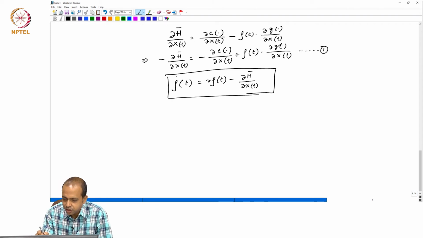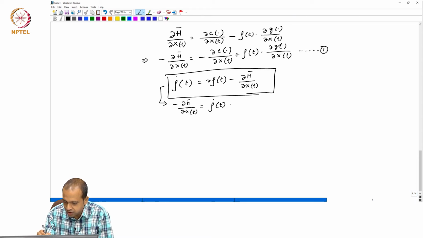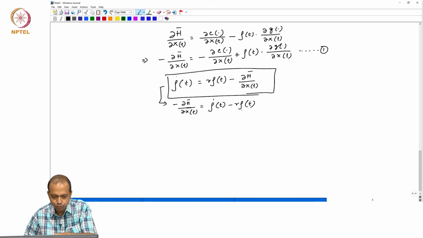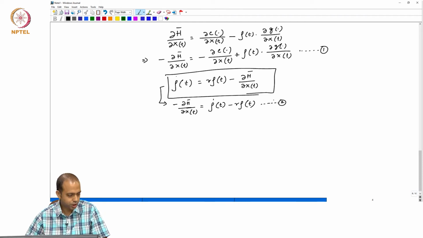So, that means I can write del H bar del x t equals r rho t minus rho dot t, so minus del H bar del x t equals rho dot t minus r into rho t. Let us say this is equation 2.